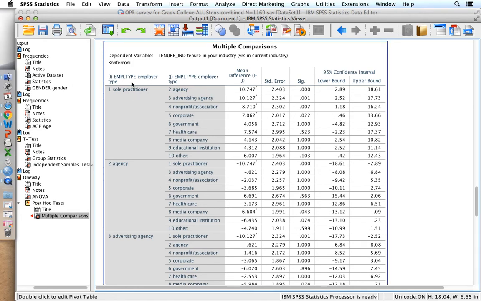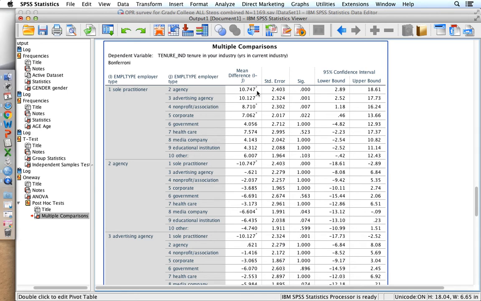I have column I here, column J, and then the mean difference I minus J. If this number in this column is a positive number, then the sole practitioner, the one over in column I, is actually the higher number. If this number is a negative, it means that the item in column J is the higher number.